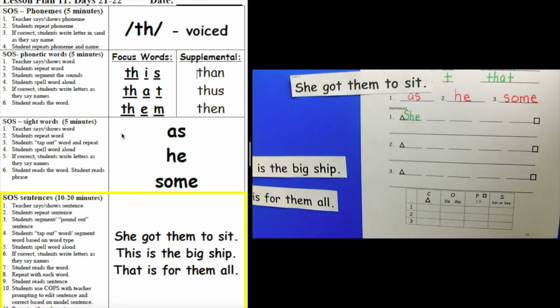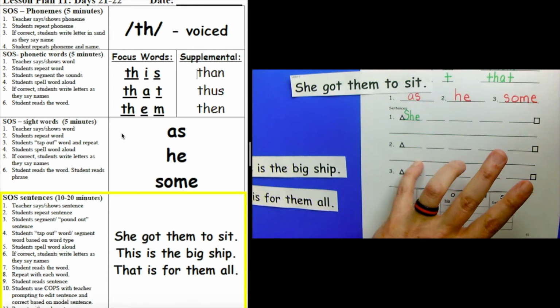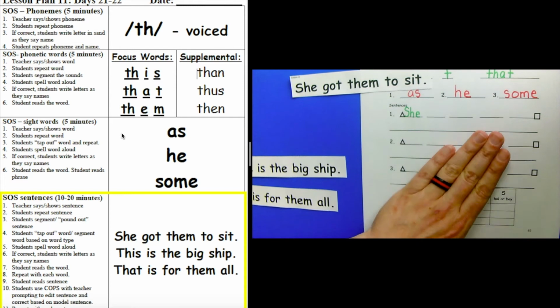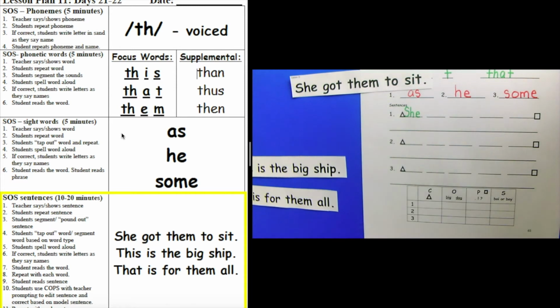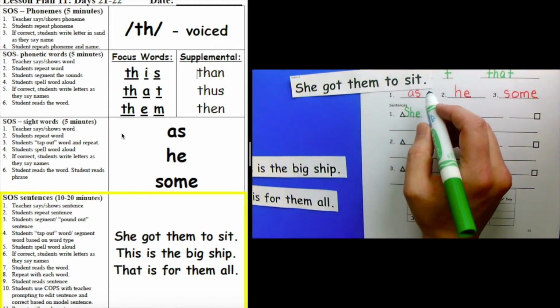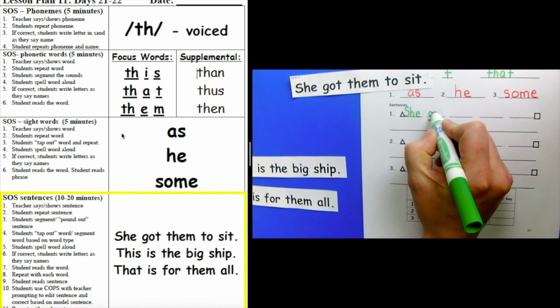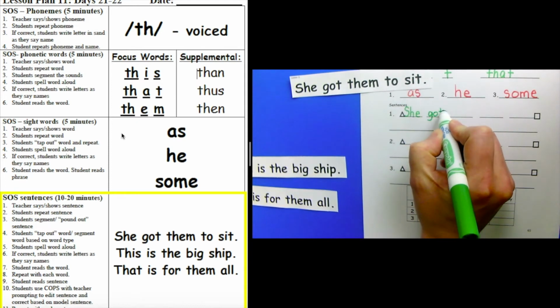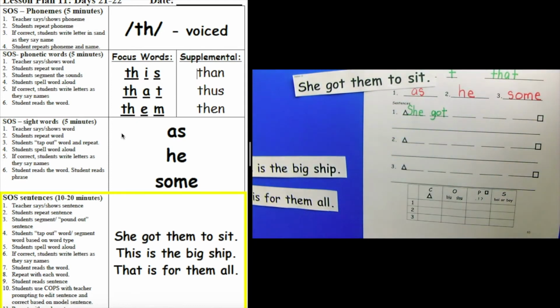Let's break got. Got. Then we spell the word G-O-T. Got. You write the word and say the letter names. G-O-T. Got.